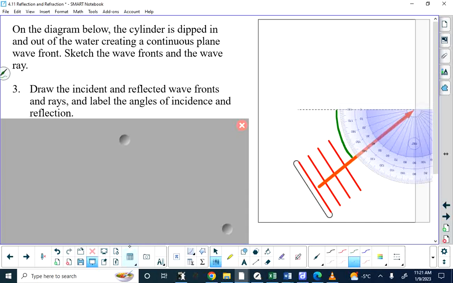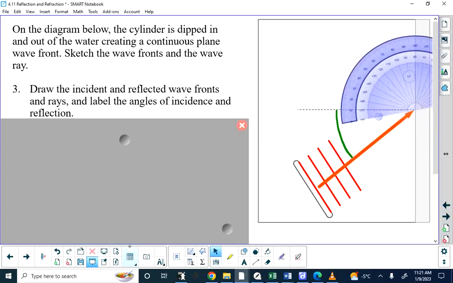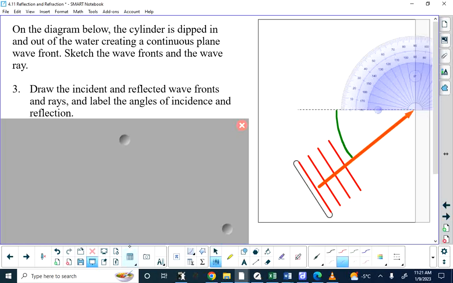That's the angle of incidence. And I can see that that angle is 40 degrees on my diagram. So that means that it would have to reflect at 40 degrees. This angle that I have here has to match the angle of reflection. I'm just going to put a little dot here at the 40.